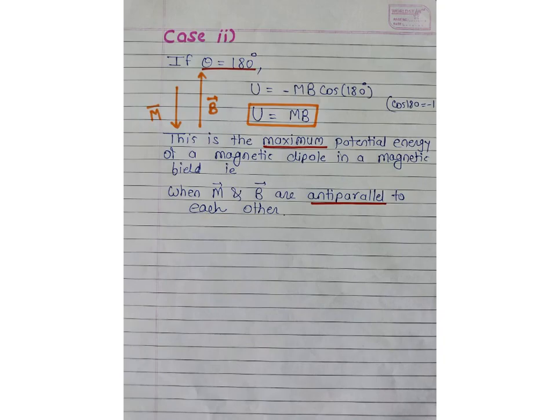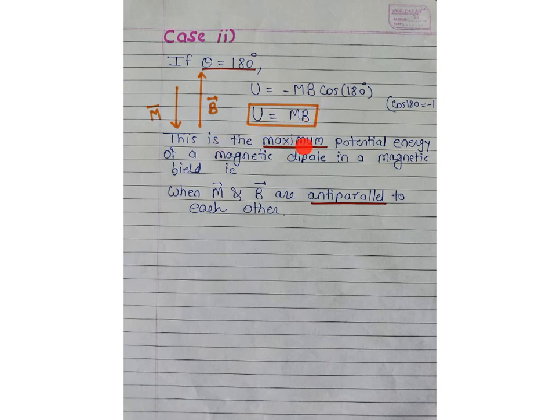In case 2, if the magnetic dipole moment and magnetic field are anti-parallel to each other, then theta is equal to 180 degrees, and U is equal to minus MB cos 180. Cos 180 is equal to minus 1. Therefore, U is equal to plus MB.